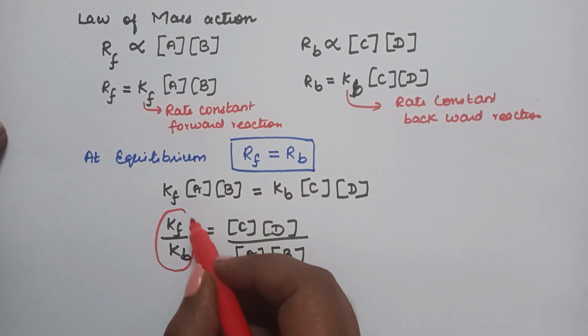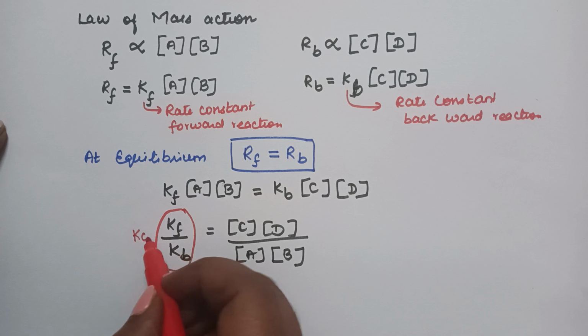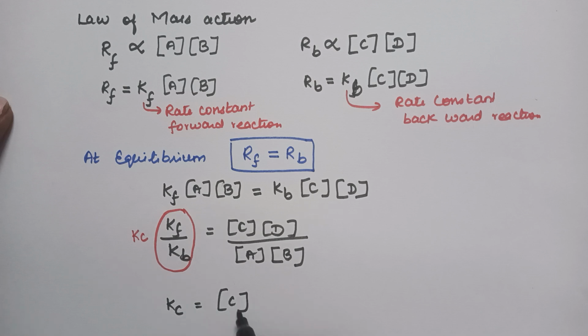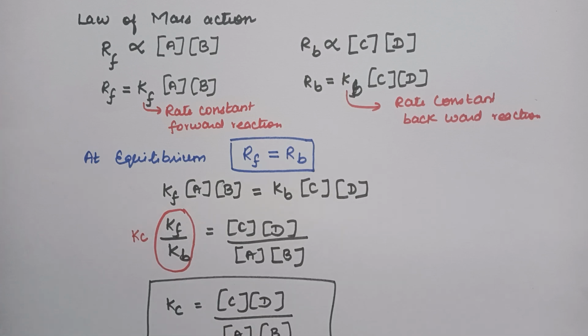Now Kf by Kb, let us take it as Kc. So this is represented as Kc. Kc is equal to C D divided by the active masses of A and B. Students, what is Kc here?